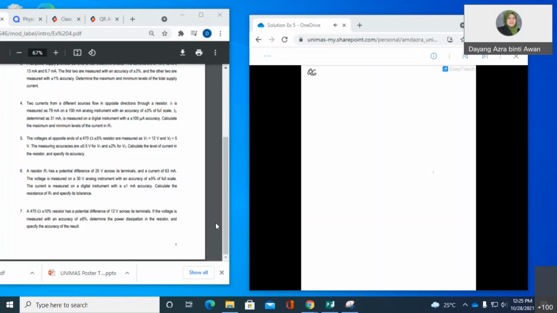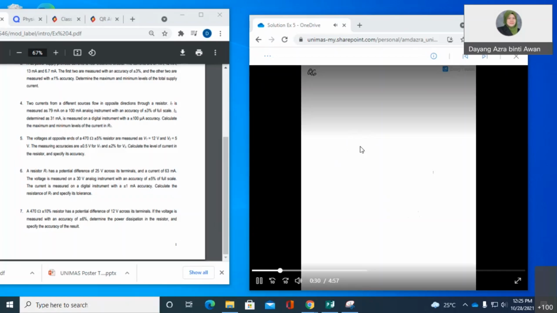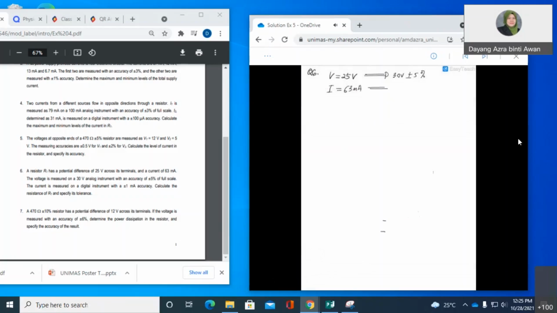The voltage is measured on a 30 volt analog instrument with an accuracy of plus minus 5%, and the current is measured on a digital instrument with accuracy of plus minus 1 milliamp.